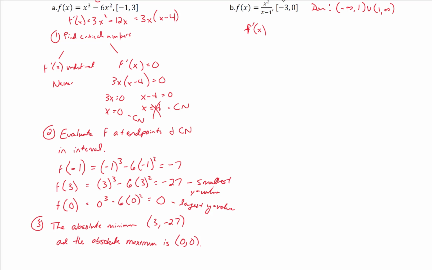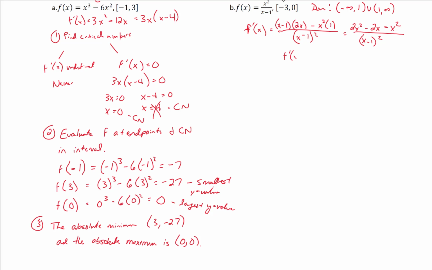So f prime of x, our derivative. So use the quotient rule. So x minus 1 times 2x minus x squared times 1 all over x minus 1 squared. Cleaning that up, so that's 2x squared minus 2x minus x squared all over x minus 1 squared.